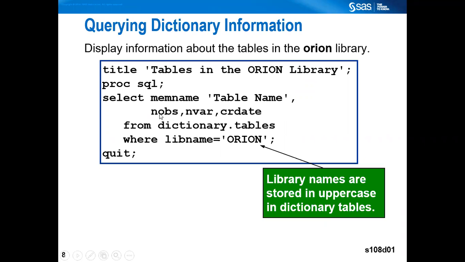Within that table, you want to know how many observations, how many variables, and when it was created, from dictionary dot tables, where your libname is ORION. The name of the library in the session's metadata is always registered in uppercase letters. You cannot use lowercase or proper case. It should be uppercase only.